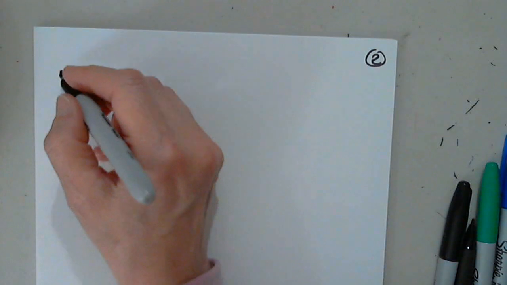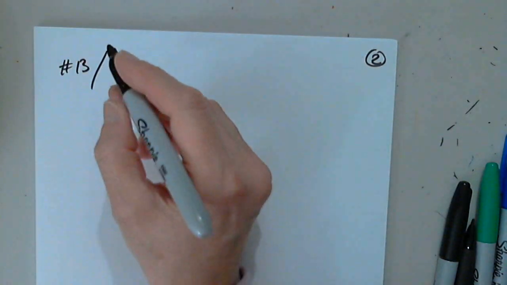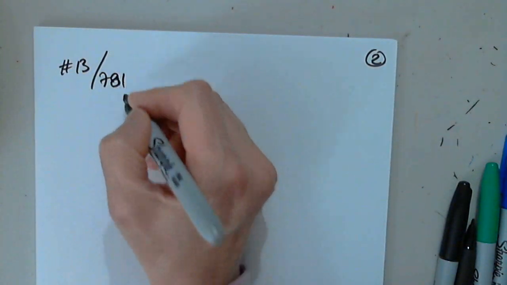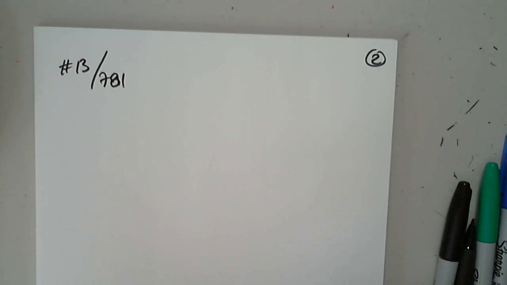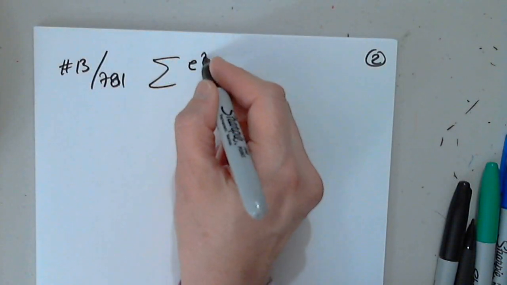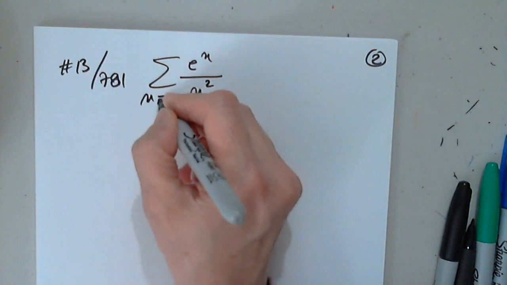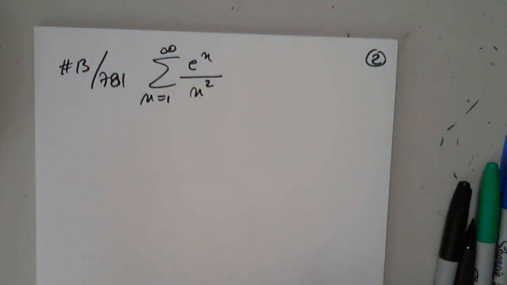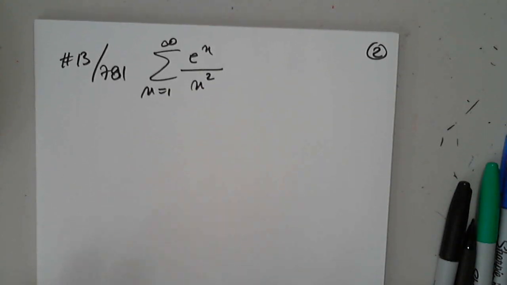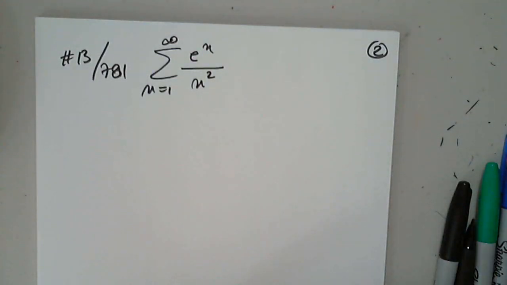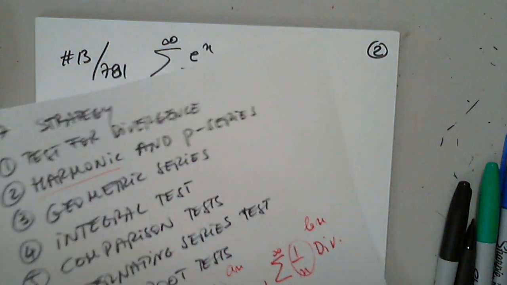Okay, let's look at 13 on the same page, 781. And we have the series of e to the n over n squared from n equals 1 to infinity. So obviously, we should always have the test for divergence in mind.